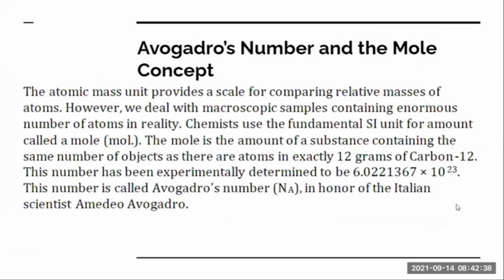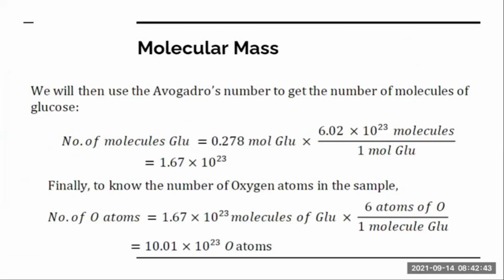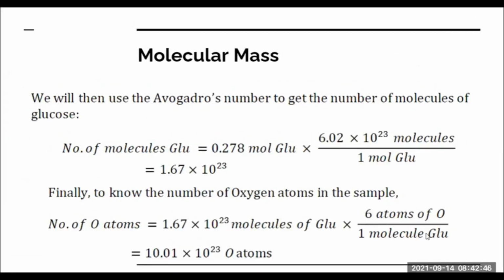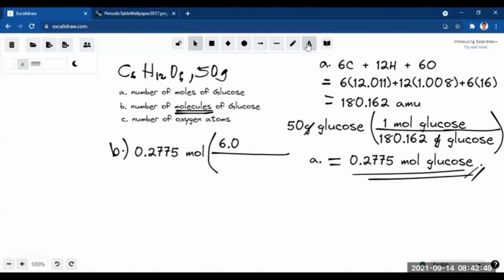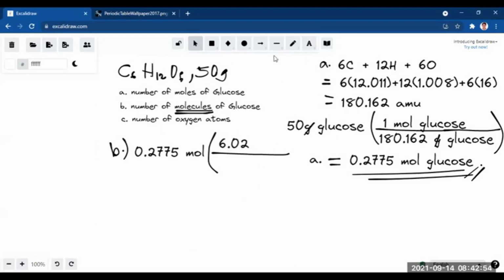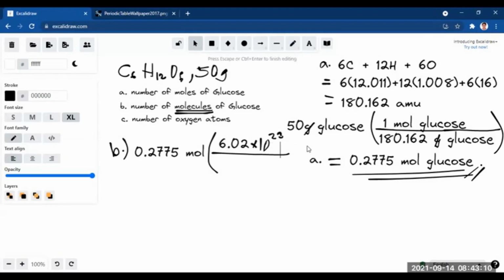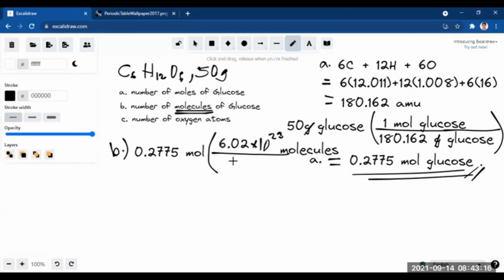Okay, so let's use the 6.02 since the module uses 6.02. 6.02 times 10 raised to 23 molecules per mole.